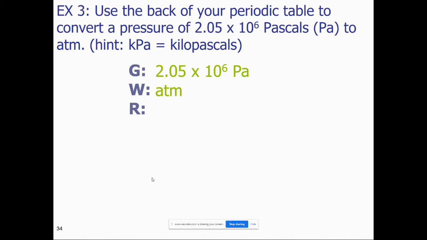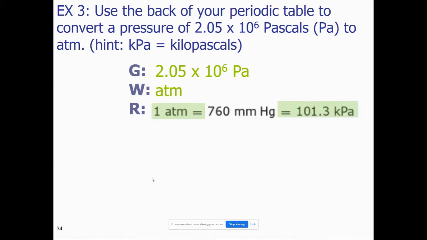So what ratios do we have? Well, if you look at your back of a periodic table, well, you don't have that, but I'm telling you, you know that 1 atmosphere is equal to 760 millimeters of mercury. That's also called a torr. But 1 atmosphere is also equal to 101.3 kilopascals. Okay, but we don't have kilopascals in this problem anywhere. What do we have?